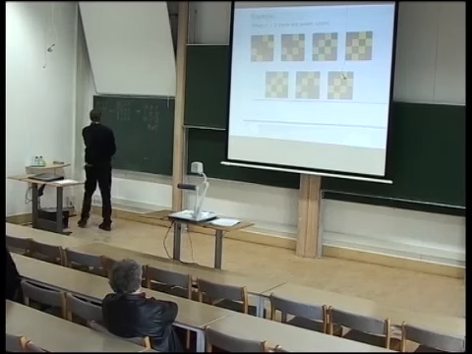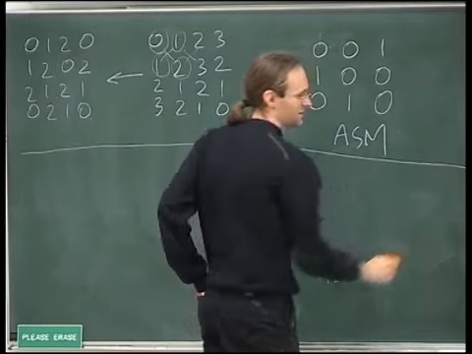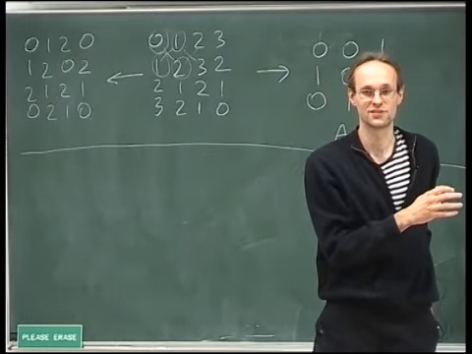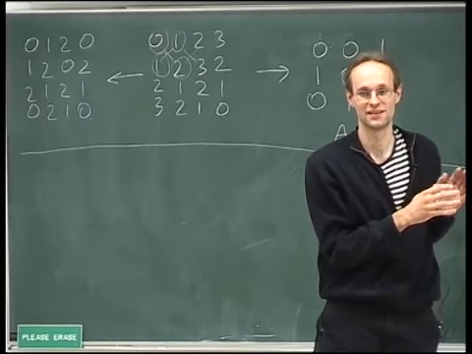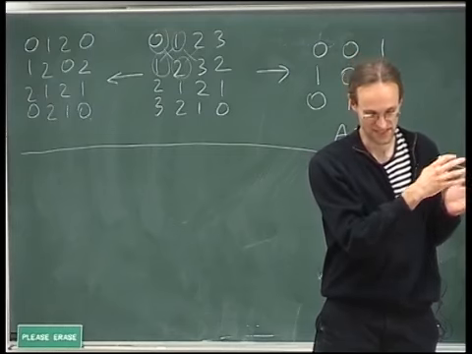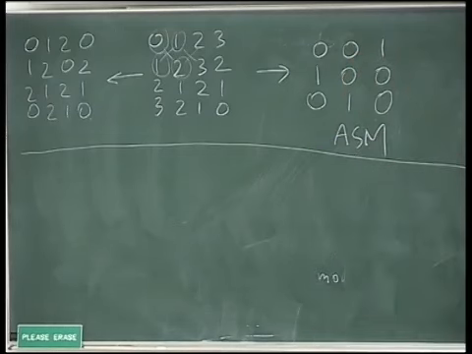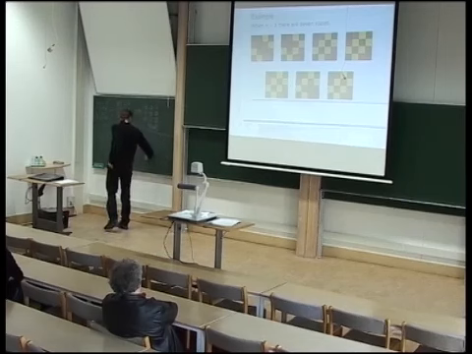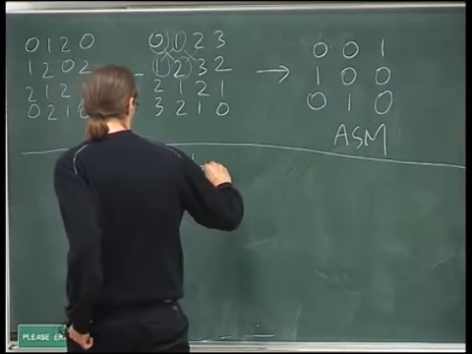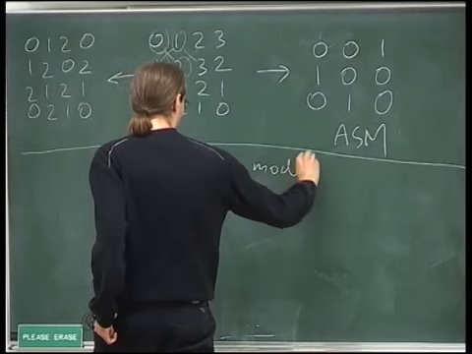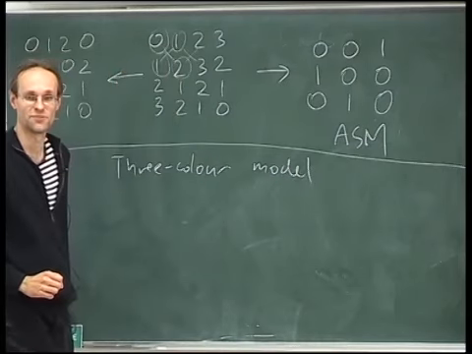Okay, so now that explains what 3-colored chessboards are and why they are in bijection with alternating sign matrices. And then I can say, well, very simple, what the 3-color model is.